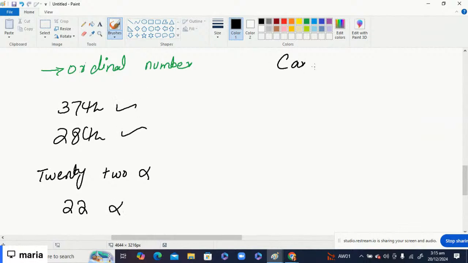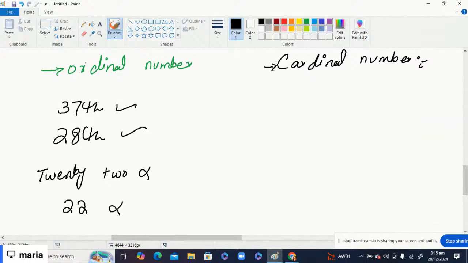And now if we are talking about the cardinal numbers, I'm going to write down here the cardinal numbers. You are going to check what the cardinal numbers are.